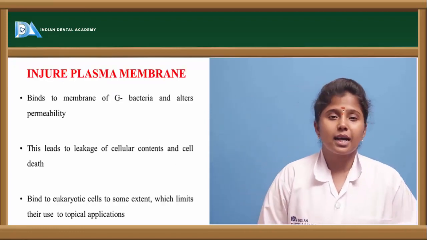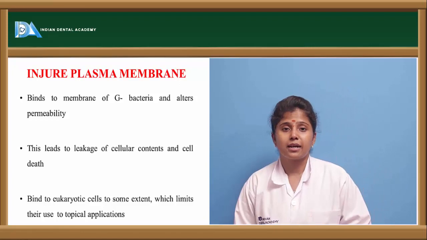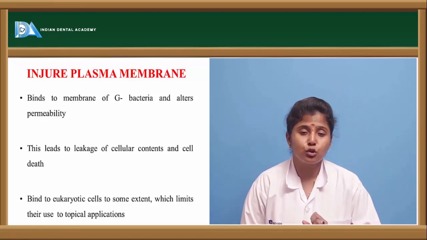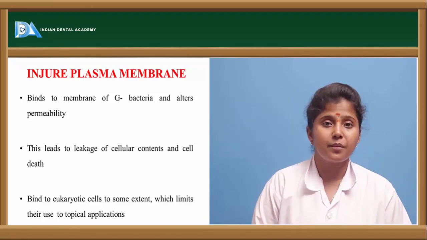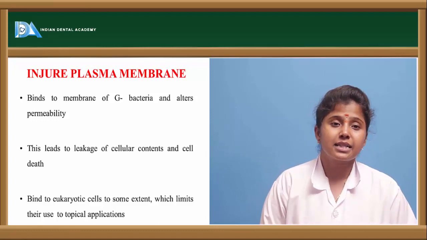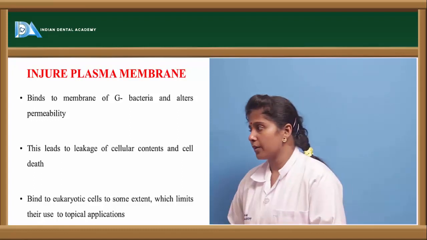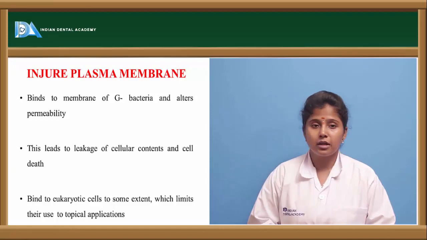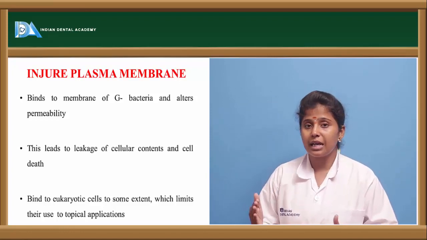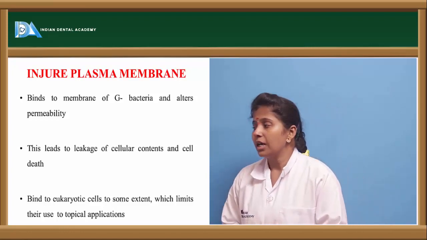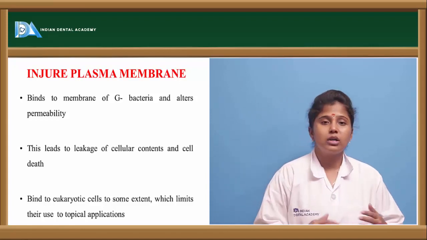So now let us see the other mechanism of action. There are a few antibiotics which cause injury to the plasma membrane. So the plasma membrane of the cell will be injured. These drugs bind to the membrane of gram-negative bacteria and alter the permeability.